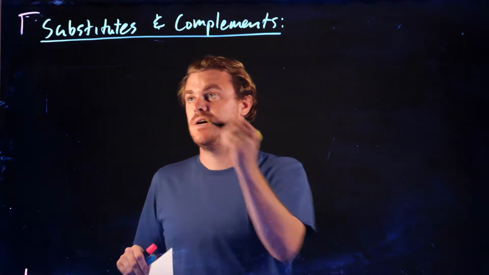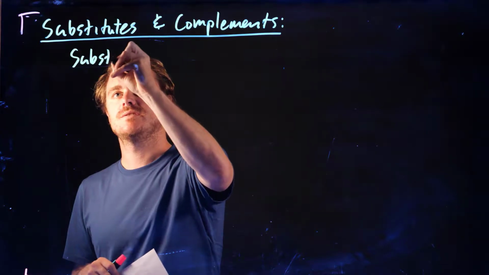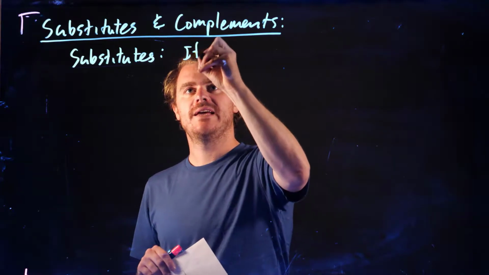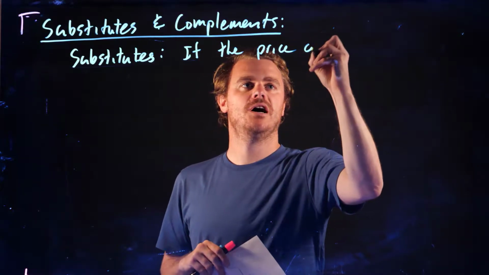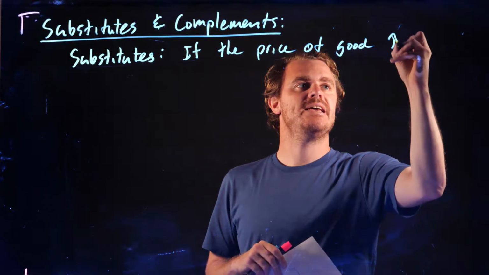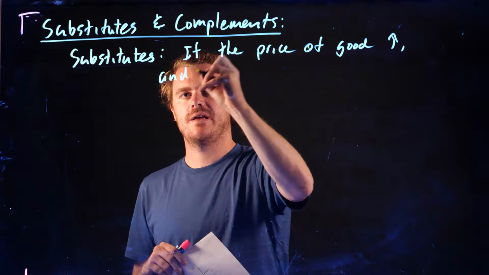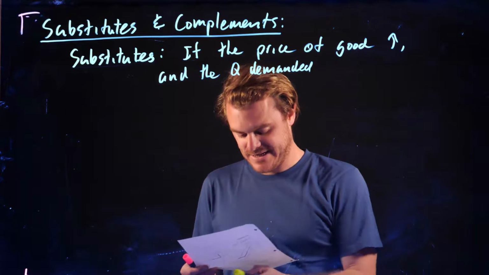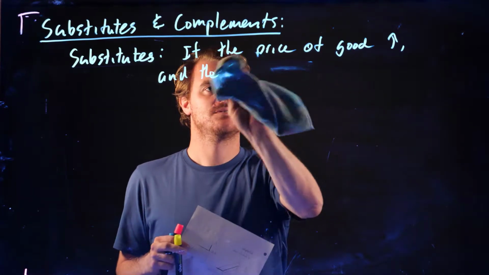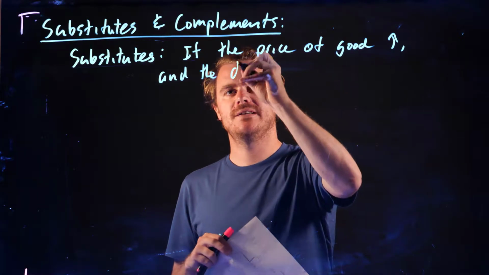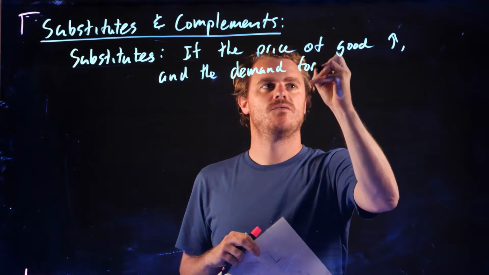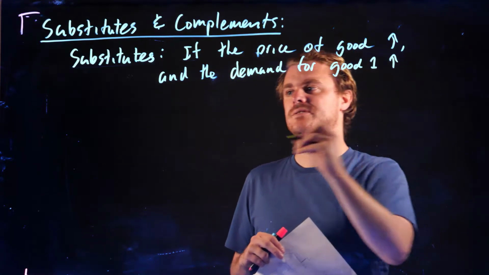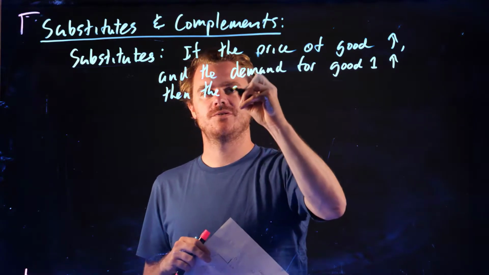So now we can formally define substitutes and complements. Substitutes would be if the price of good 2 increases and the demand for good 1 increases, then the goods are substitutes.